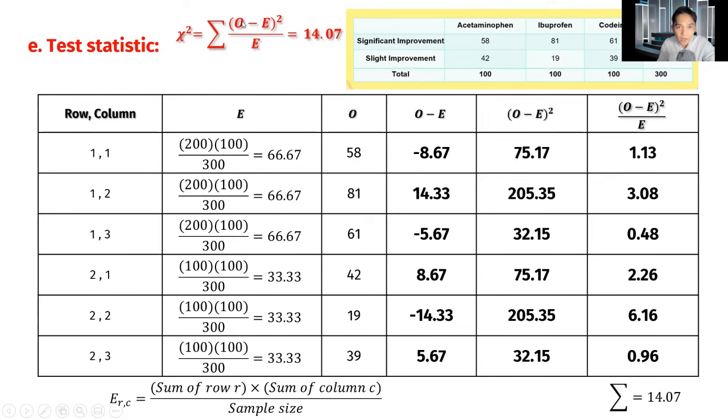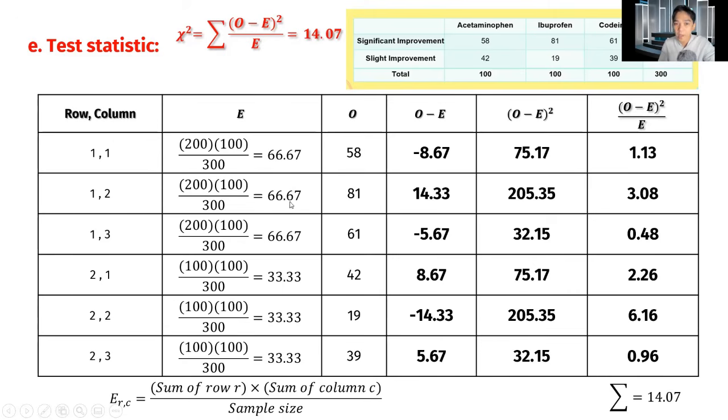O minus E, inside the parenthesis. We just subtract. So we have 58 minus 66.67, negative 8.67.